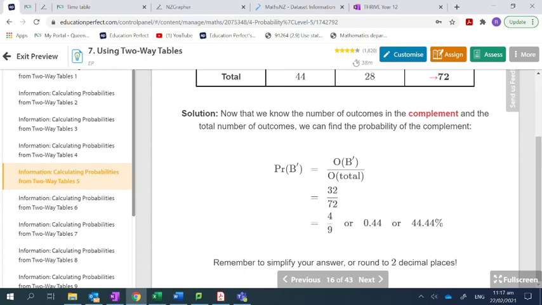When you're doing a decimal, round it to 2 decimal places, but as a percent, you also want 2 decimal places. So anytime you're doing these as a decimal, always go to 4 places. That way, when you change it to a percent, you'll get enough places, because you wouldn't round this to 44%. Okay?